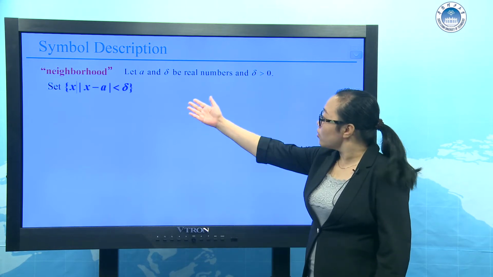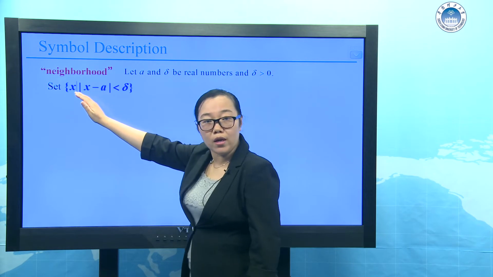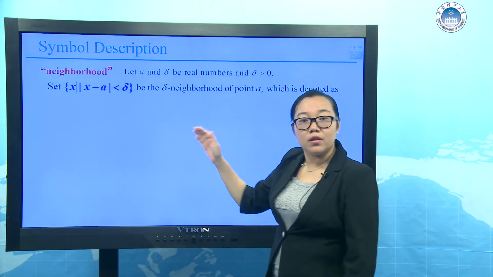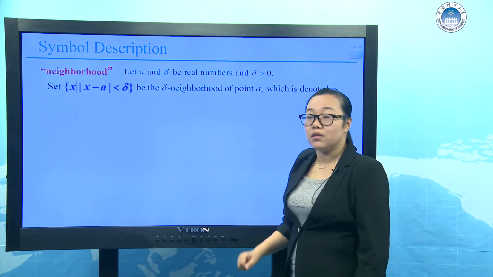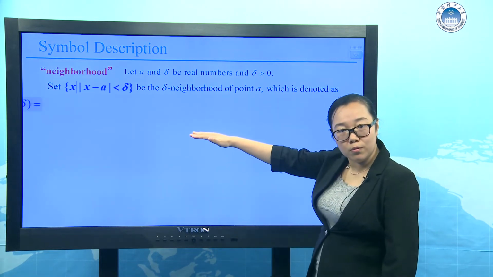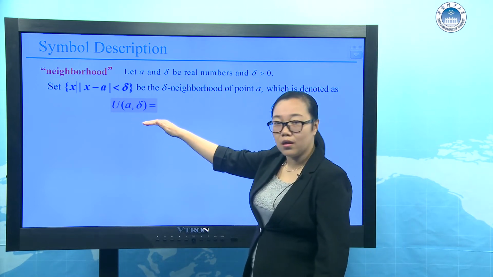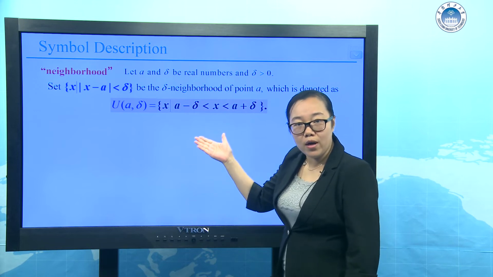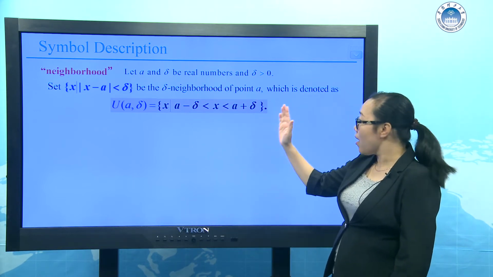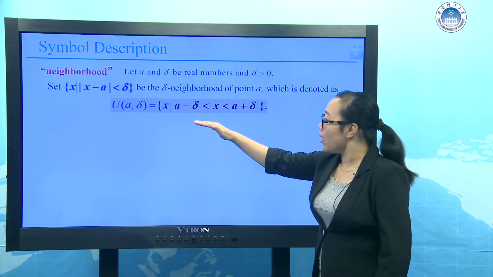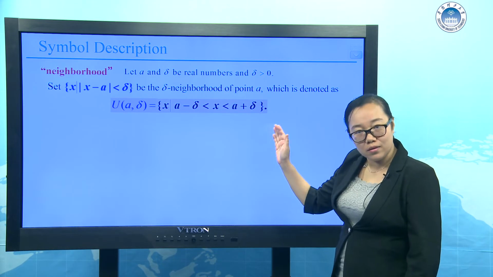The set of some variable x is the delta neighborhood of the point A, which is written in this form, U(A, delta), and requires that the variable x satisfies this expression: x larger than A minus delta and less than A plus delta.